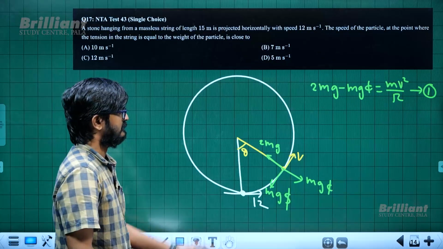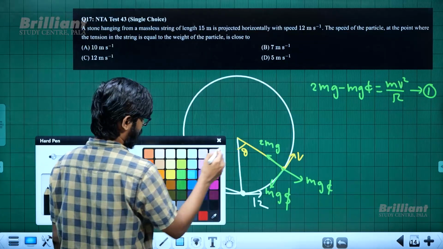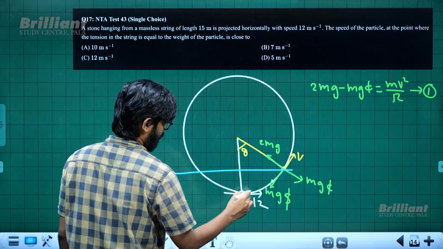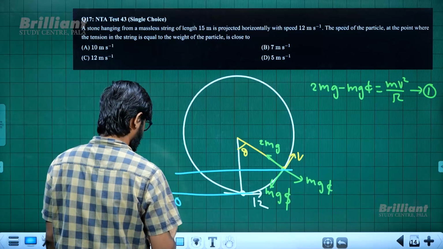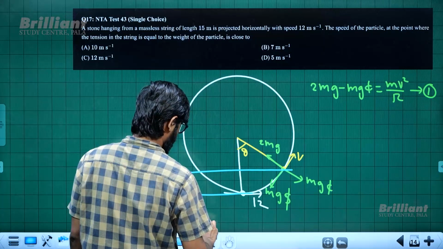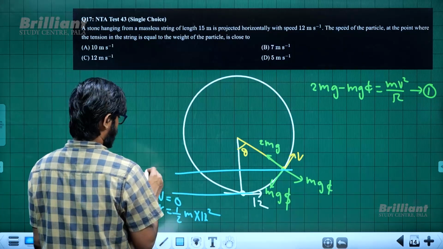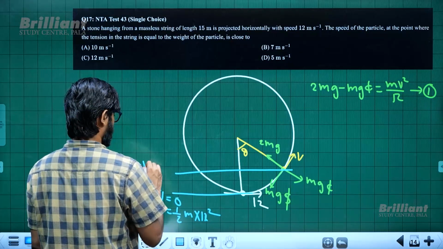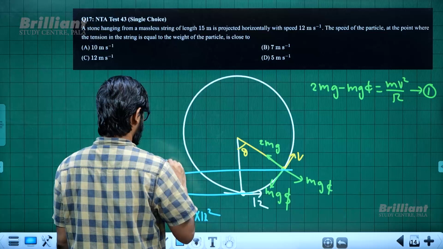But there are two unknowns, theta and speed, right? So we need to get one more equation. That equation will be energy conservation, mechanical energy conservation. Initial potential energy is 0, kinetic energy is half m into 12 square. Now here the potential energy will be mg into, this is r cos theta, so this is r minus r cos theta.